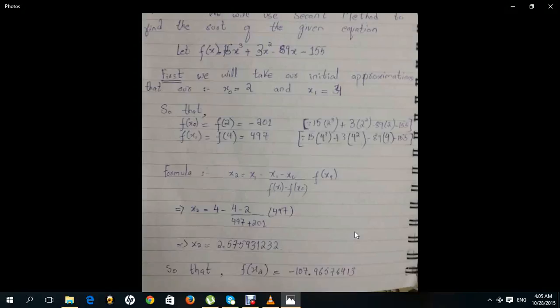This is basically our first root, and we will put this root into our main equation instead of x to find its function, which I have found here. I have done this because I will be using this function in my formula. In the next step I will show you.